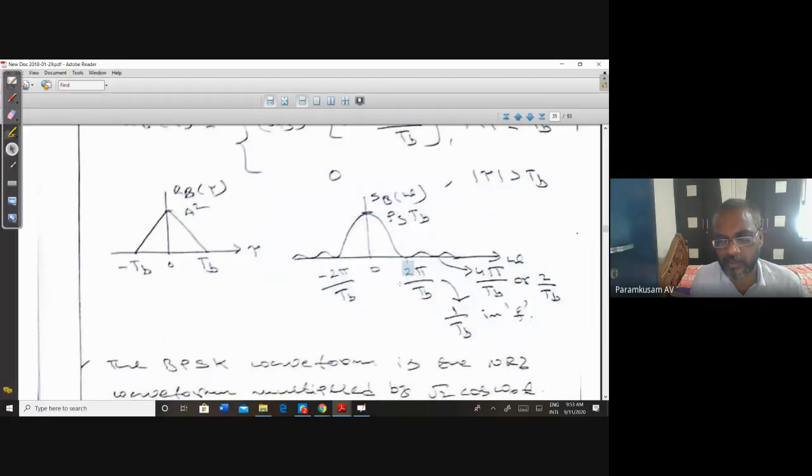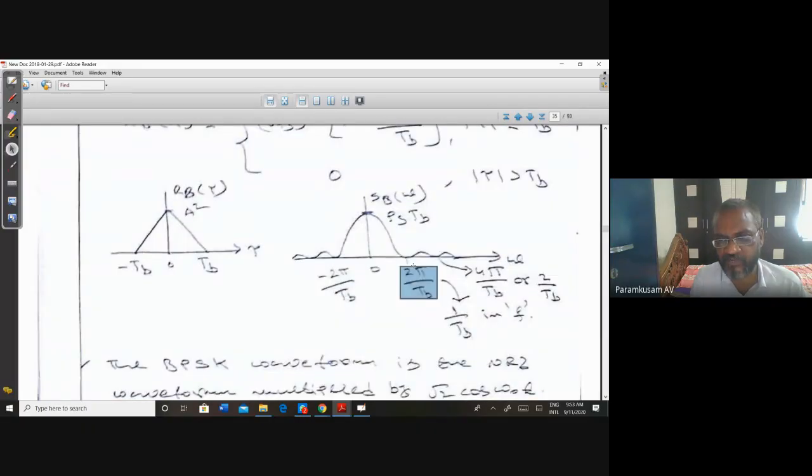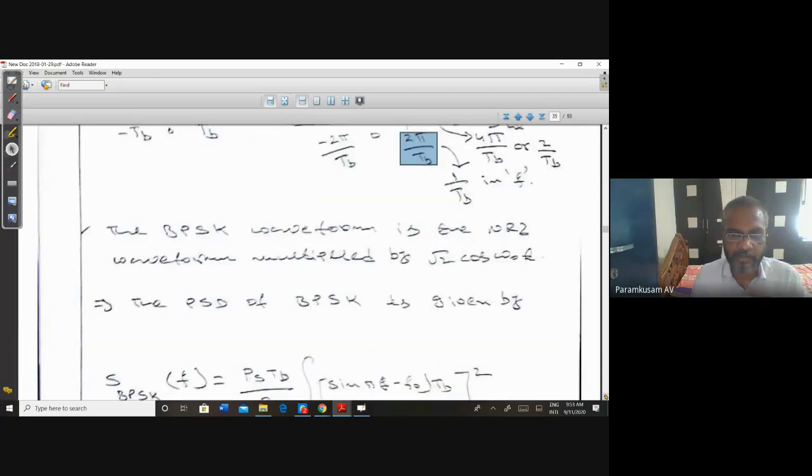So here, this one is 2 pi by Tb, the first lobe, or minus 2 pi by Tb. Okay, next sentence. The BPSK waveform is the non-return to zero waveform multiplied by root 2 cos omega naught. The b of t signal is multiplied with root 2 cos omega naught.